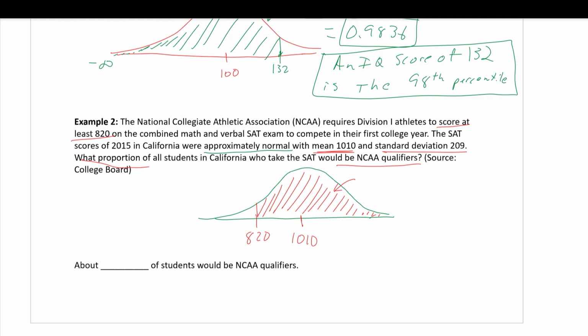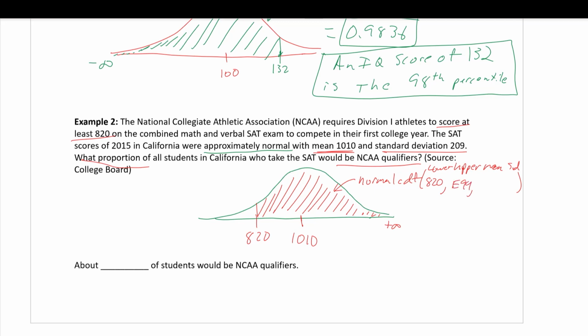All right, let's see. We find areas underneath a normal distribution using normal CDF. Lower, upper, mean, standard deviation. Our lower bound in this case is 820. The upper bound goes all the way up to positive infinity, so we use E99.